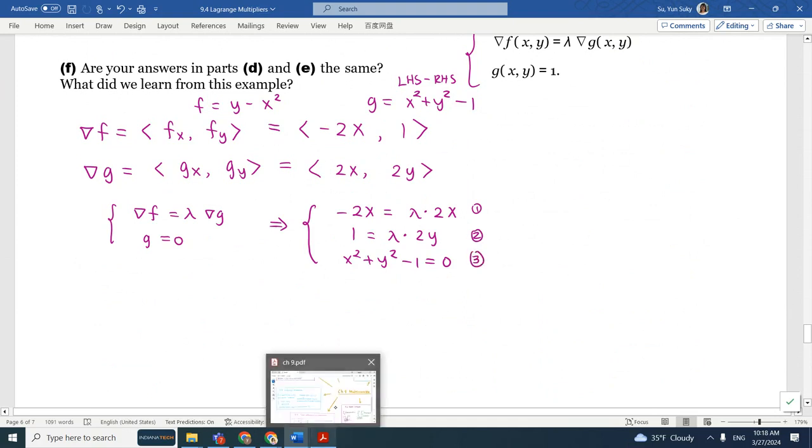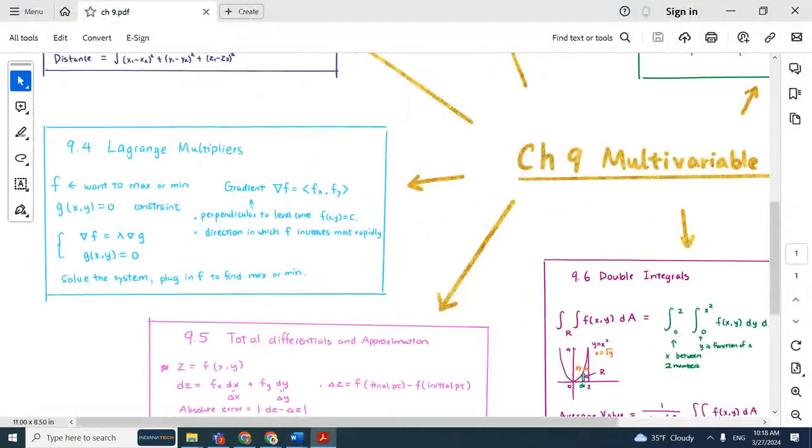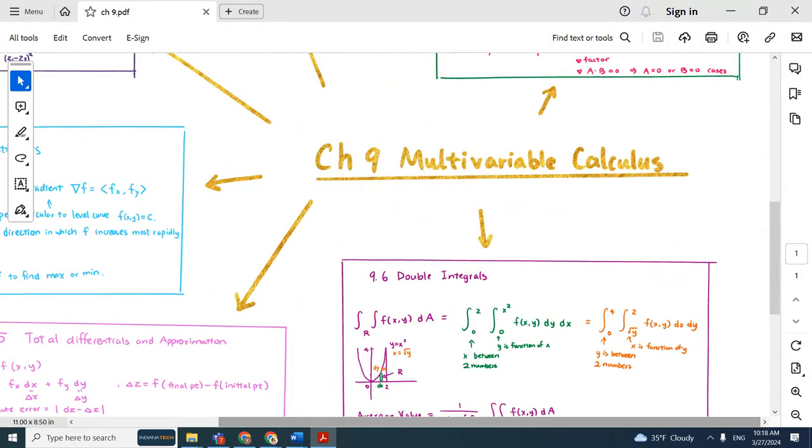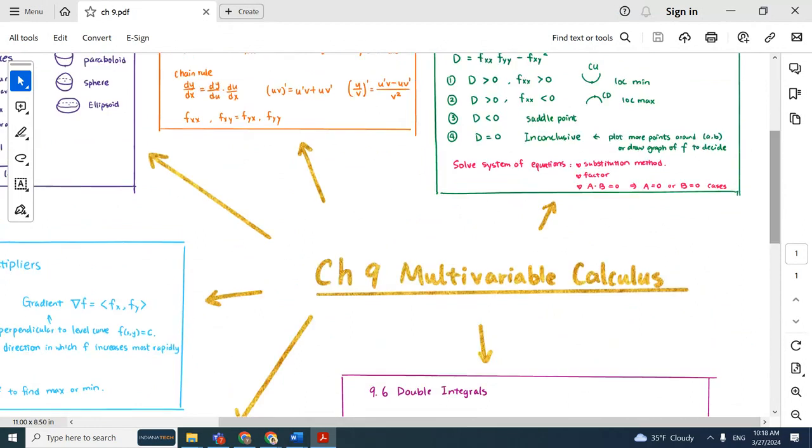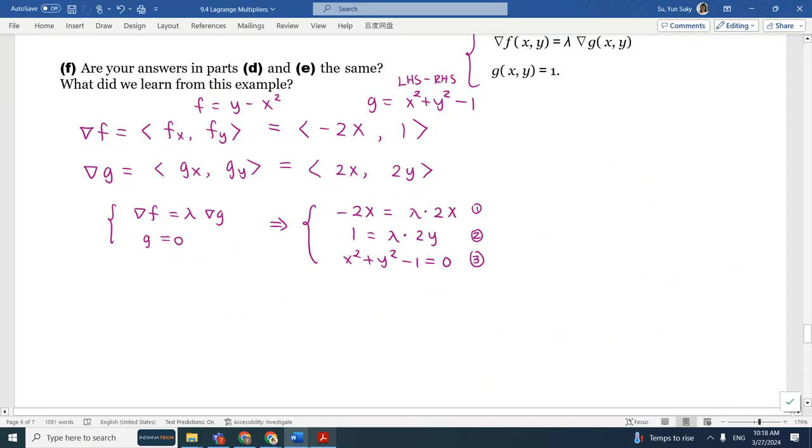Okay, so solving a system of equations, there are 2 methods: either the substitution method, or you move all the terms on one side and you factor them. Let's look at equation 1.